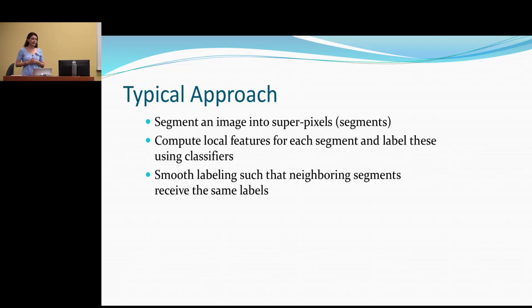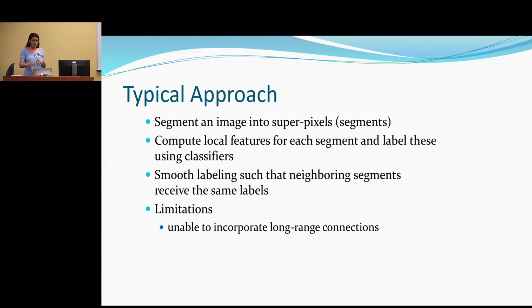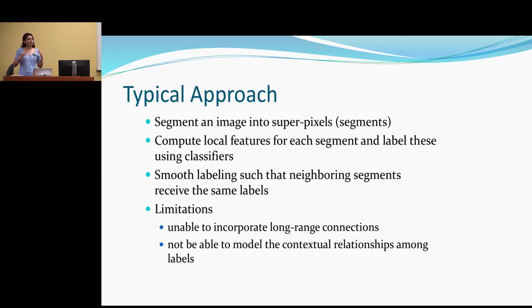In addition, some methods use smoothing at the end for giving neighboring segments the same label. For example, MRF does this. These methods have some limitations. They ignore the long-range connection between segments. Also, they don't model the contextual relationship between labels.